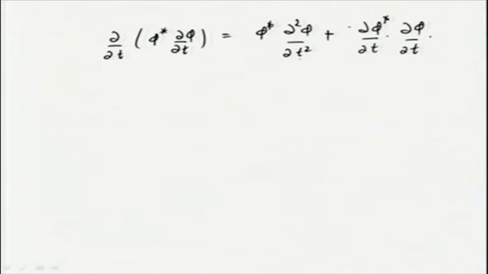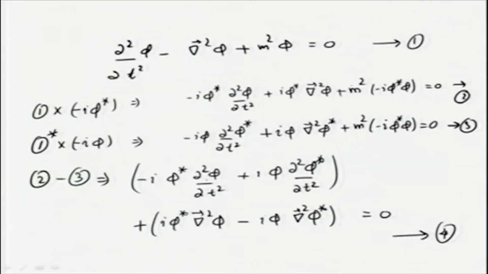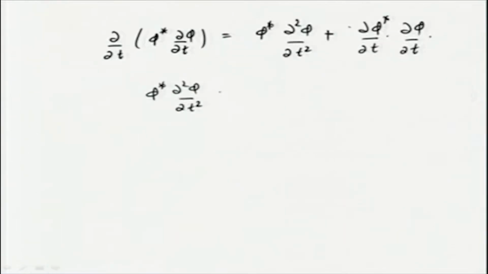That is equal to the total time derivative acting on both phi star and ∂phi/∂t, minus the extra term on the right hand side of the first equation here, which is ∂phi star/∂t ∂phi/∂t.